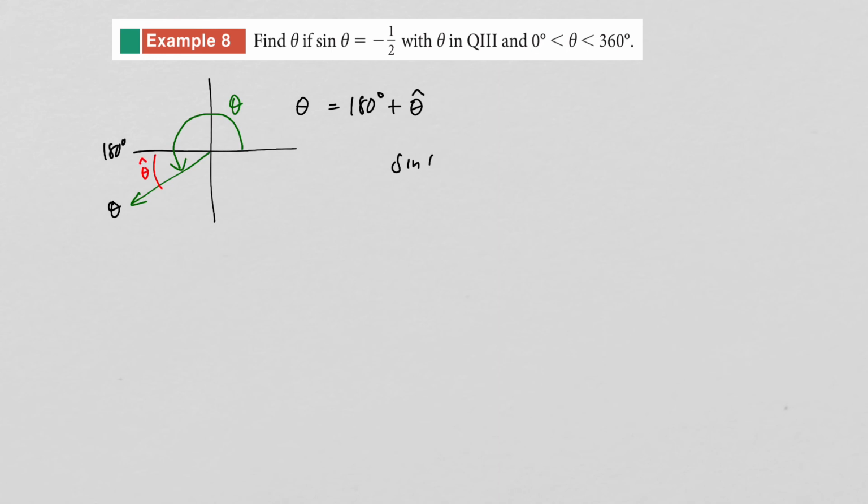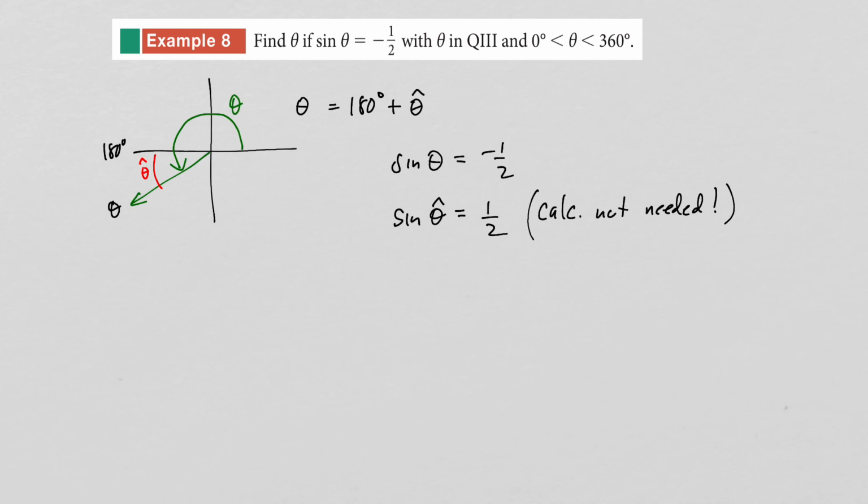What do we know? We know that sine of theta is negative 1/2. Therefore, sine of theta hat has to be positive 1/2. Now, the nice thing about this one is calculator is not needed, right?